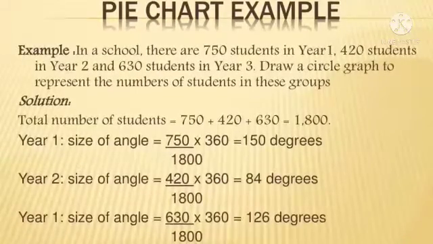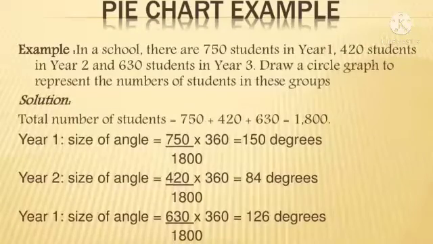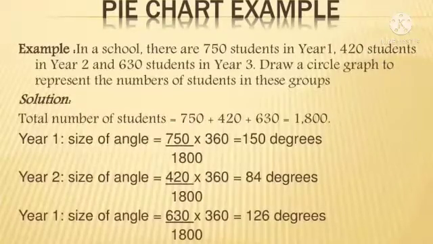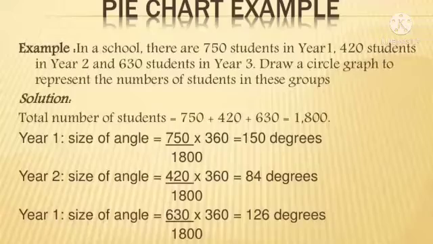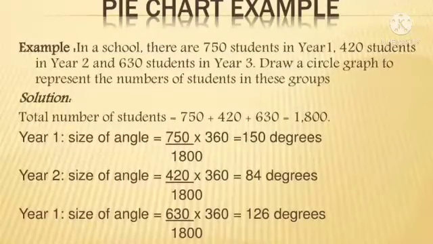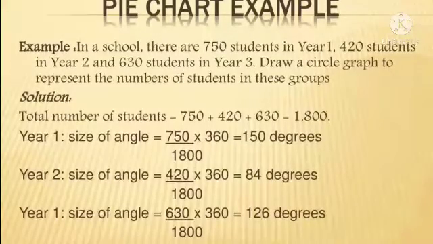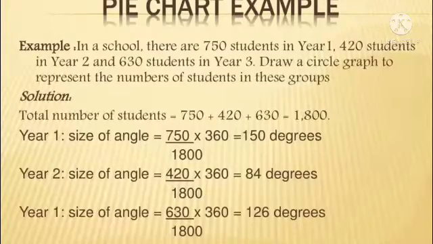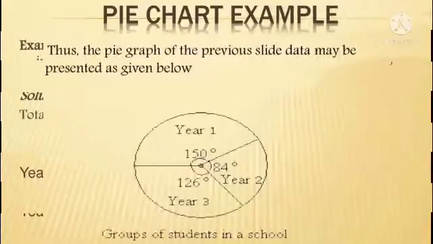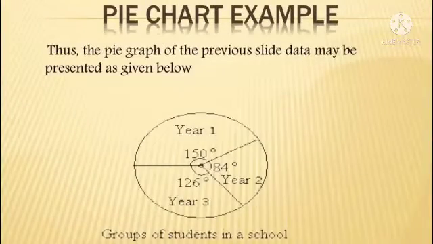Year 3 size of angle is equal to 630 divided by 1800 multiplied by 360 is equal to 126 degrees. Thus, the pie chart of the previous slide data may be represented as given below.